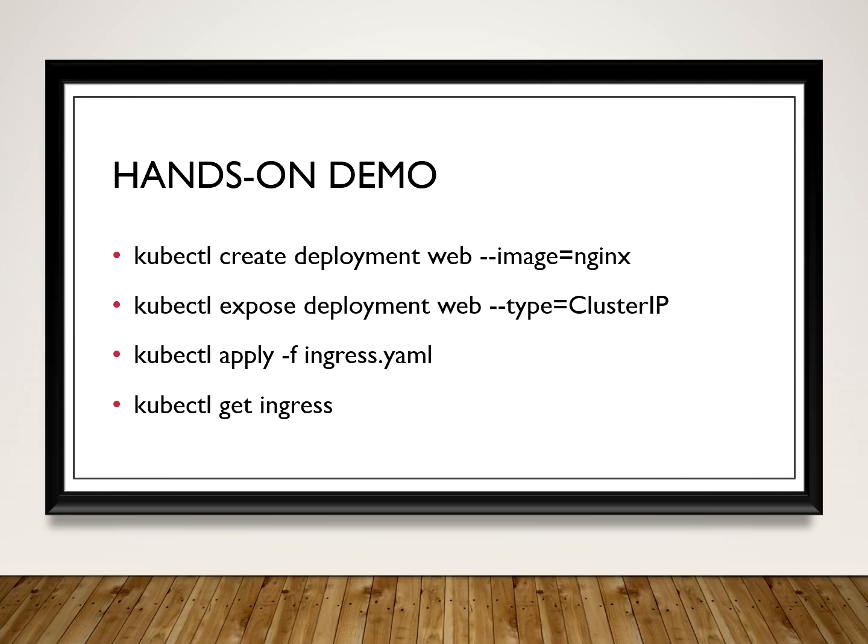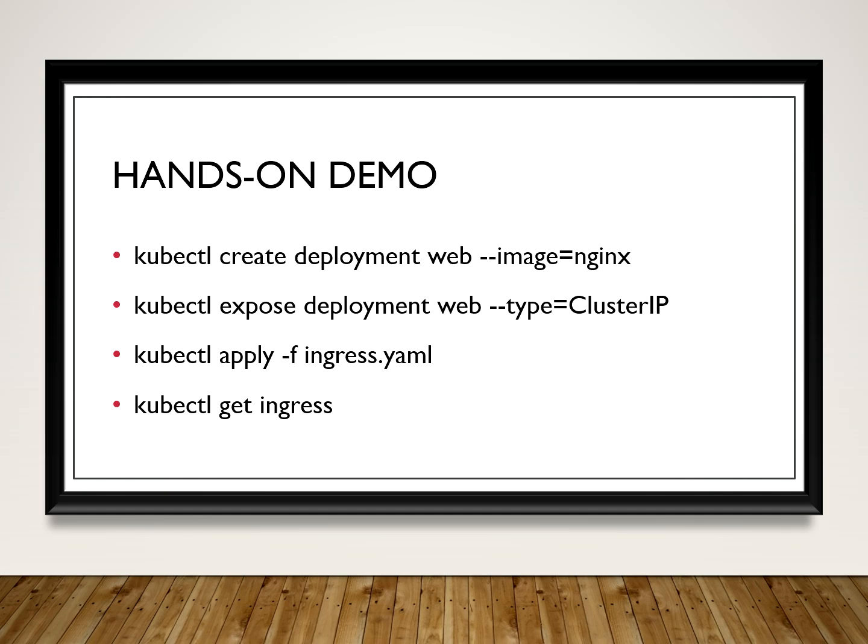Okay, so this is the hands-on demo. In this we can go ahead and implement everything. First we will create a deployment. For that we are going to use the command kubectl create deployment web --image nginx.